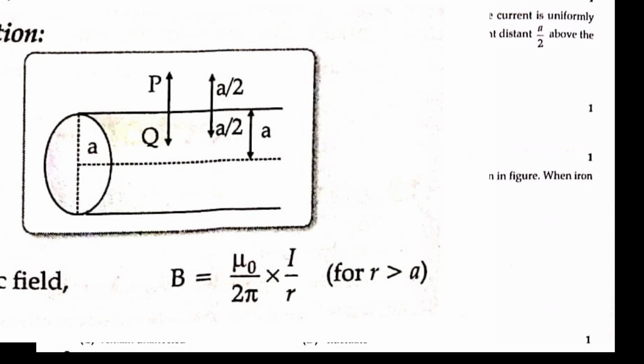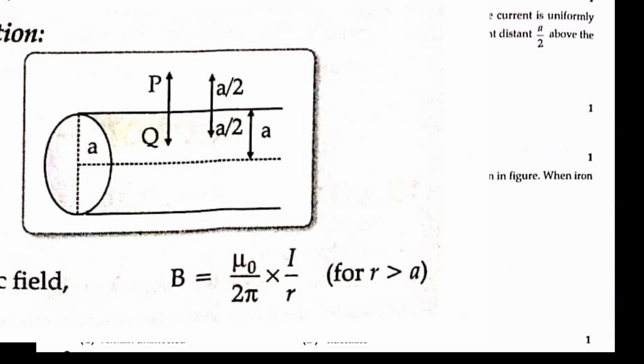For that we have to find the magnetic field at P. How can we calculate the magnetic field at P? Here we can use the application of Ampere's circuital law, where at point P, R is greater than A. So at point P, what will be the magnetic field?